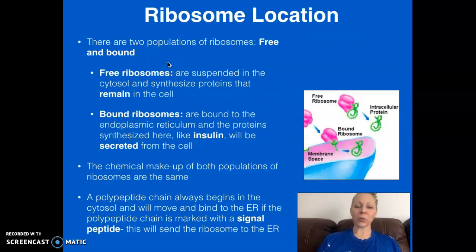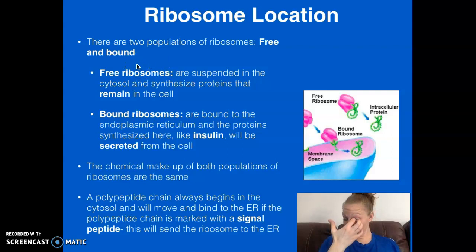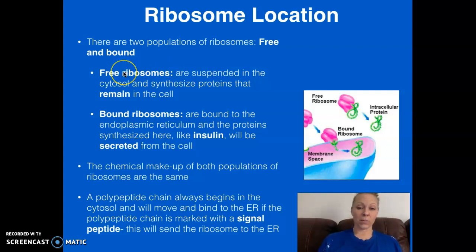And so there are 2 places that we're going to find ribosomes: in the cytosol, and then also in or attached to the endoplasmic reticulum. But the story always starts while it's in the cytosol. So the polypeptide chain is always going to start to be released into the cytosol from a free-floating ribosome.